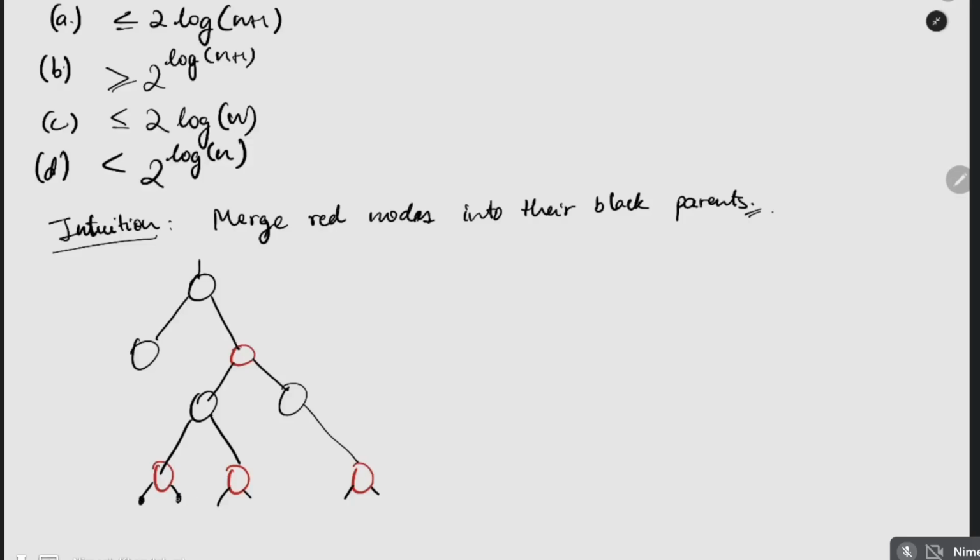All these nil nodes are black. The root node is black, and every red node has a black parent node.